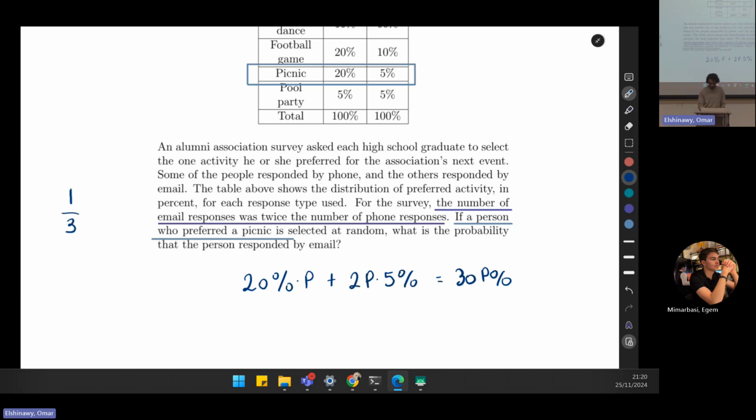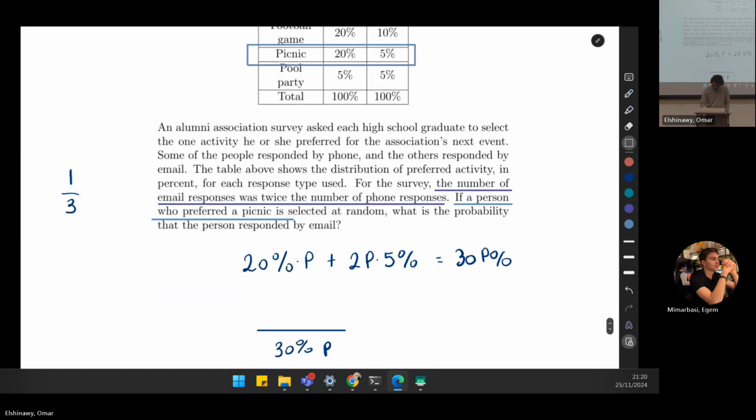If you want to make this very precise, you say, okay, 30% of the people replied, and those who replied by email were twice the people who replied for a picnic.